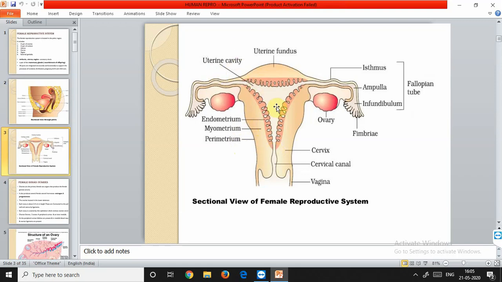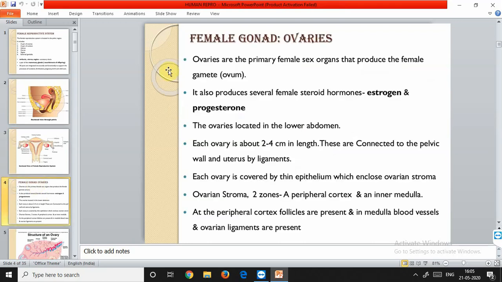Then this is the uterine cavity, which is inside the uterine wall, covered by the uterine wall from outside. Then these are the pair of ovaries. They are two in number, then the cervix, cervical canal, and the vagina. Then the female gonad, the ovaries.